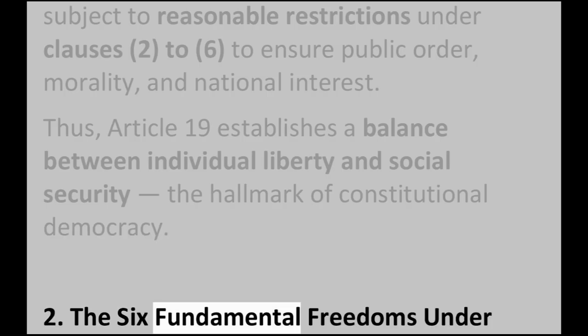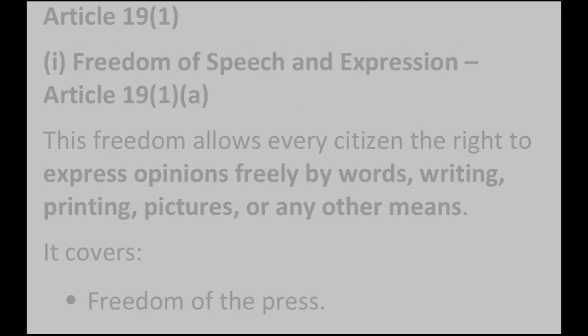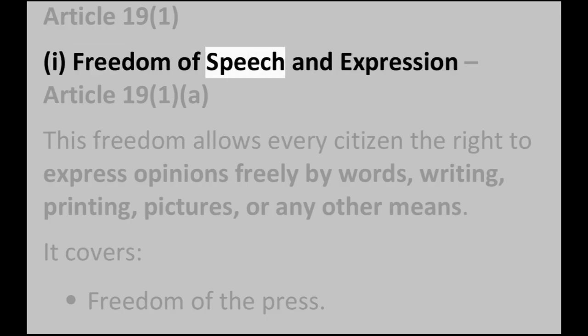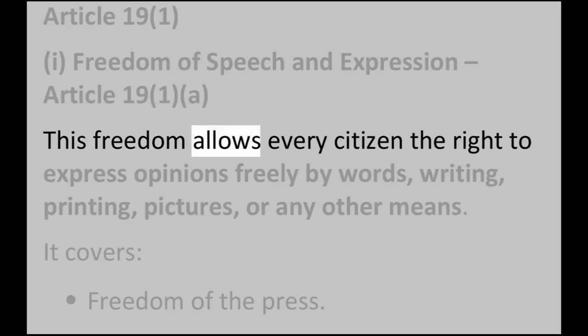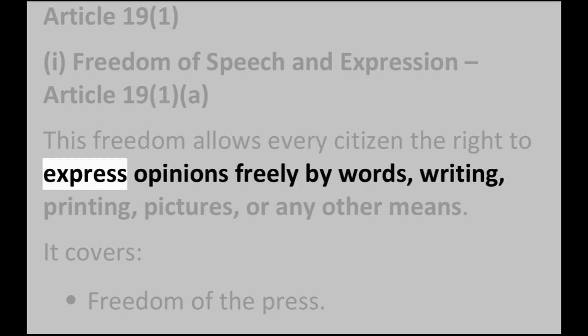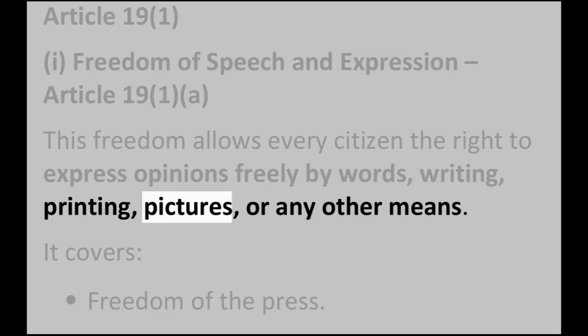2. The 6 fundamental freedoms under Article 19(1). I. Freedom of speech and expression. Article 19(1)(a). This freedom allows every citizen the right to express opinions freely by words, writing, printing, pictures, or any other means.